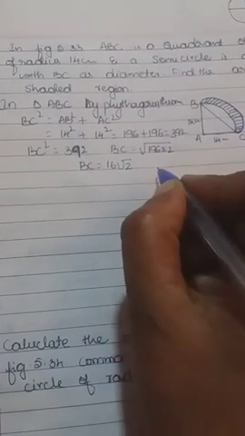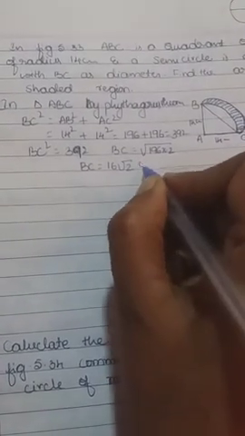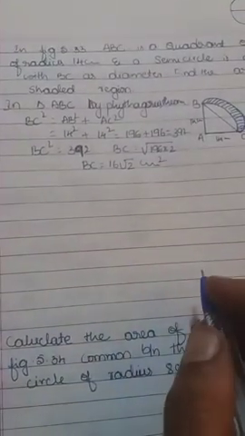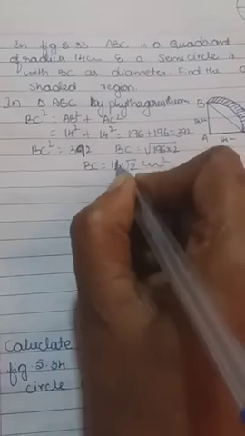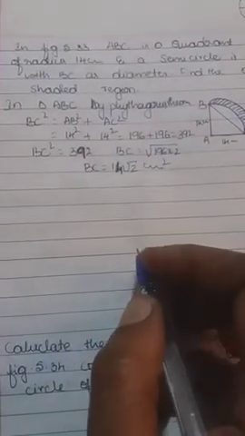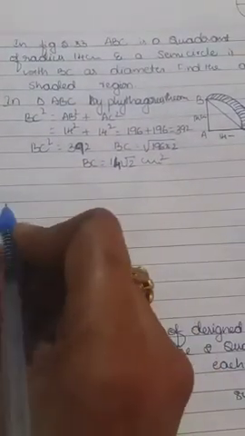BC is 14 root 2 centimeter. Keep that in mind. Sorry, the square root of 196 is 14, so BC is 14 root 2 centimeter. So let's find out now.